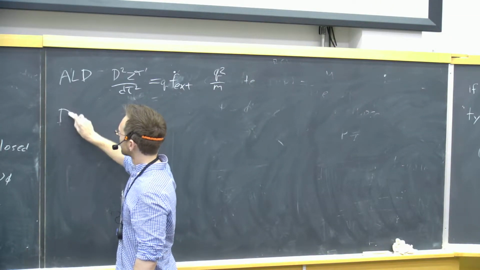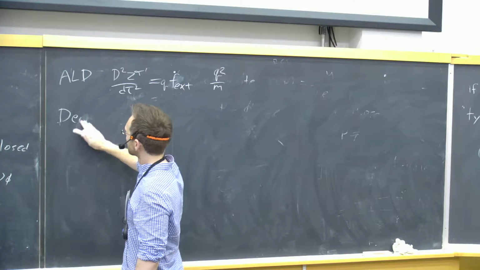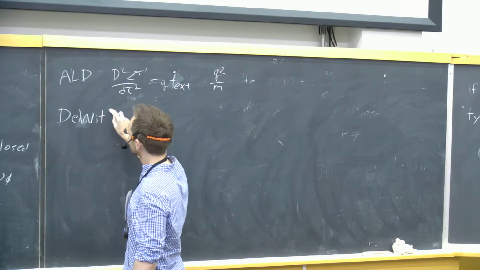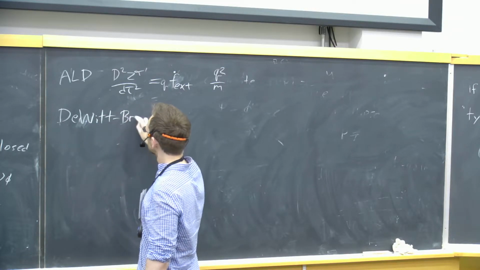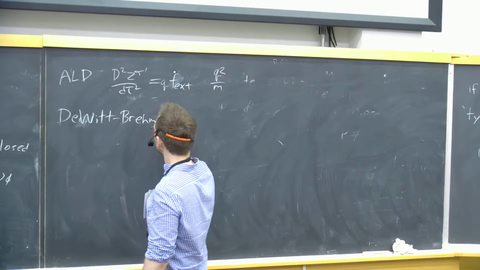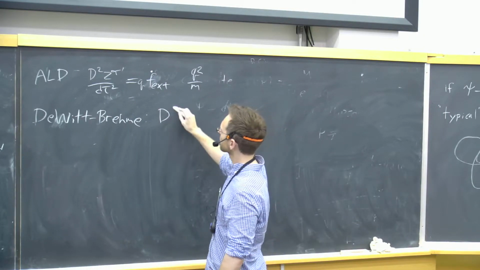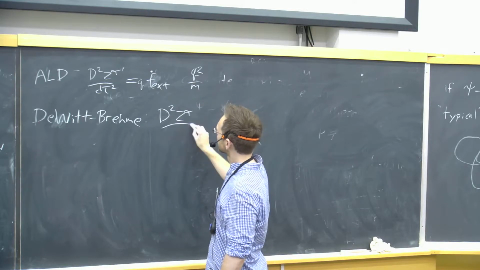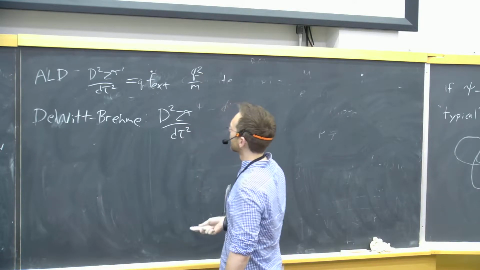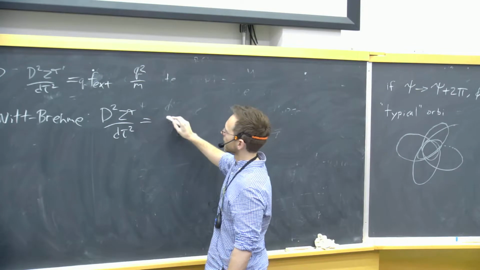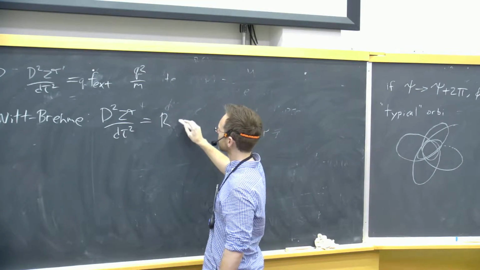In curved space, you have an equation called the DeWitt-Brehme equation. And here you have an explicit Ricci term.